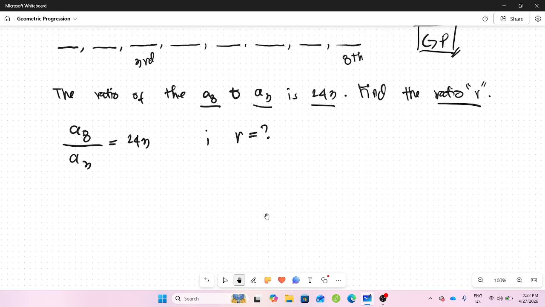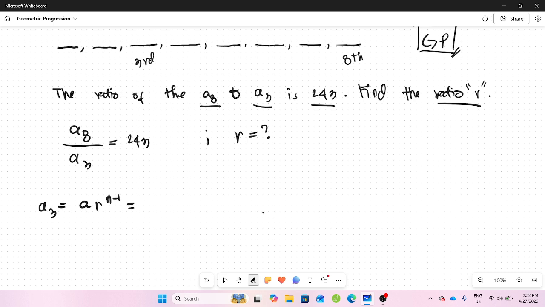Now, to do this one, we get the value of the nth term of a geometric progression using this equation: the first term times the ratio to the n minus 1.